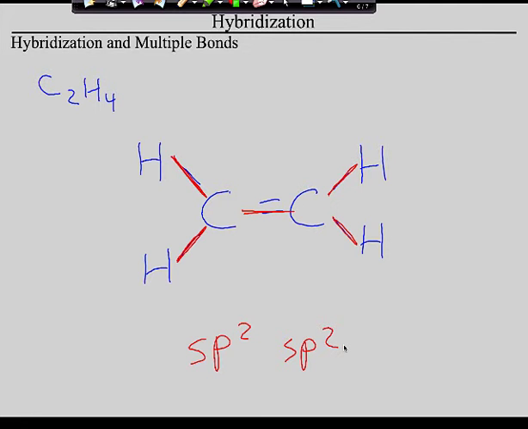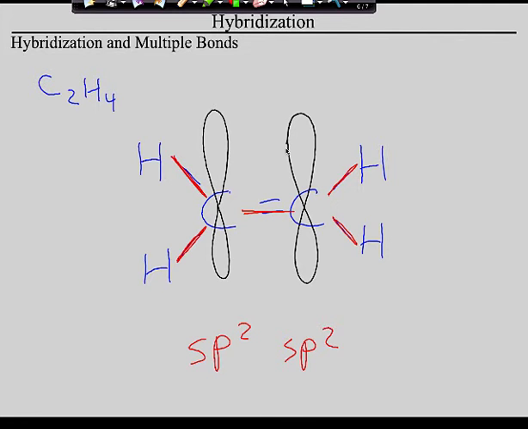So guys, what does an unhybridized p orbital look like? A dumbbell. So now, what would be a good color? Let's go black. We still have an unhybridized p orbital right there, and we still have an unhybridized p orbital right there.